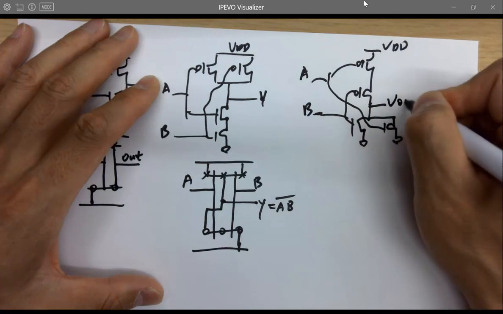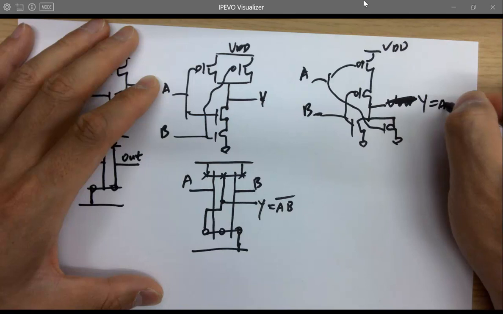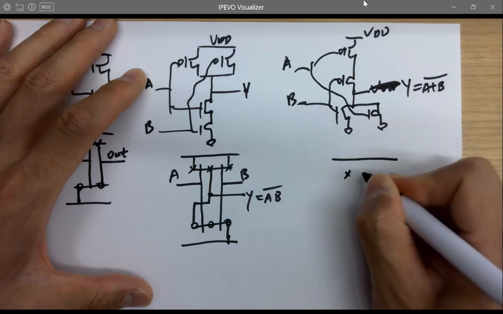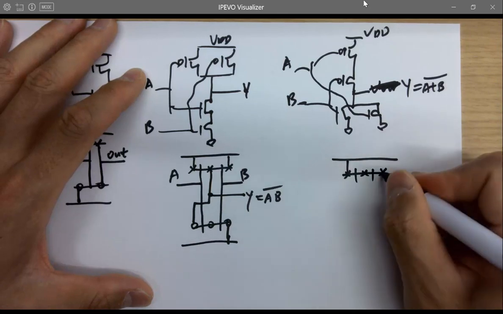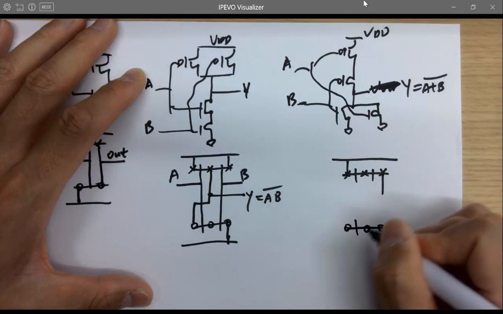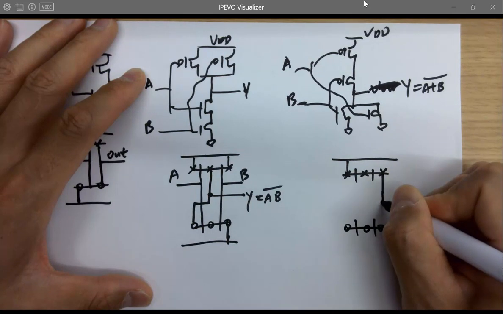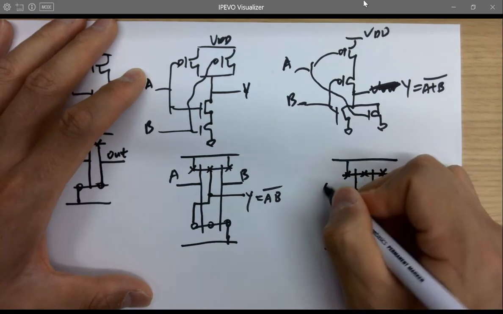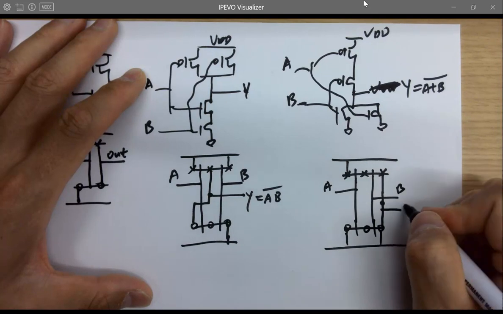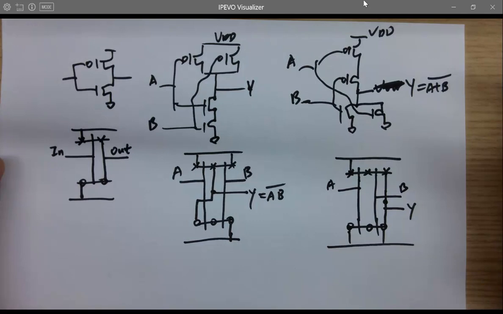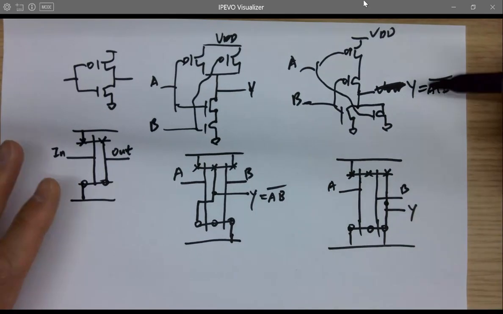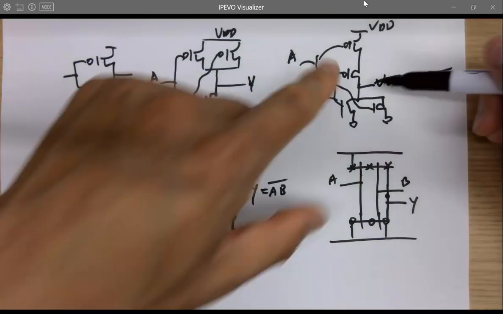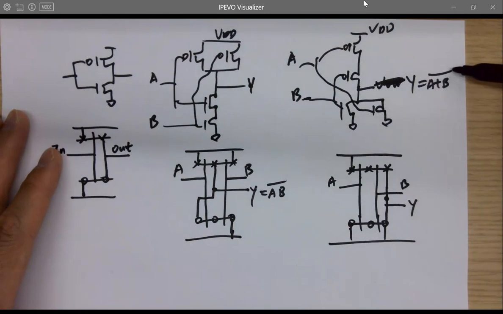And here's VL or Y. Let's use Y. In series, A, B, and that's Y. And you can find out whenever you have the bar on top, it's always inverting the final signal. If you use this type of circuit, it's always inverting your signal, so you always have a bar on the top.